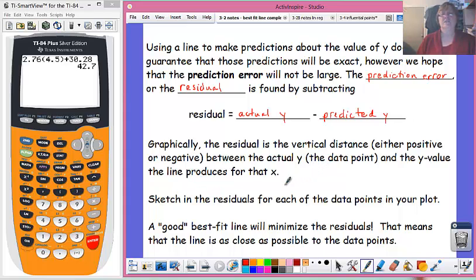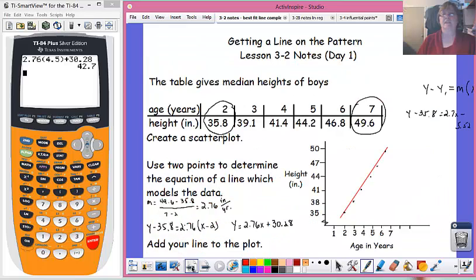It says that we should sketch in the residuals for each of the data points in our plot. And that means we have to go back to our plot. So let me get back there. And for each of our x's, we want to find a residual. So we're going to use the equation to generate a predicted y for each. Now I'm going to use my calculator to do that.